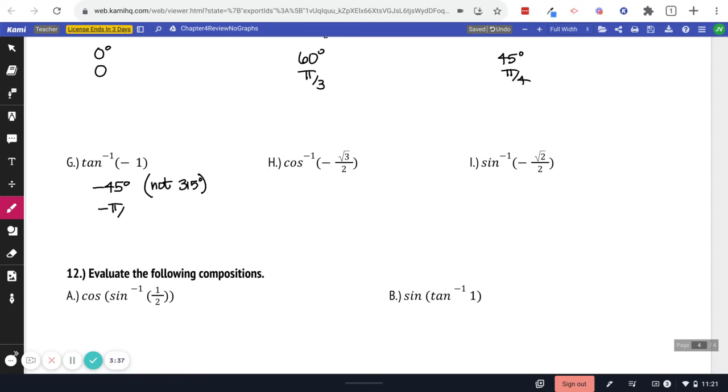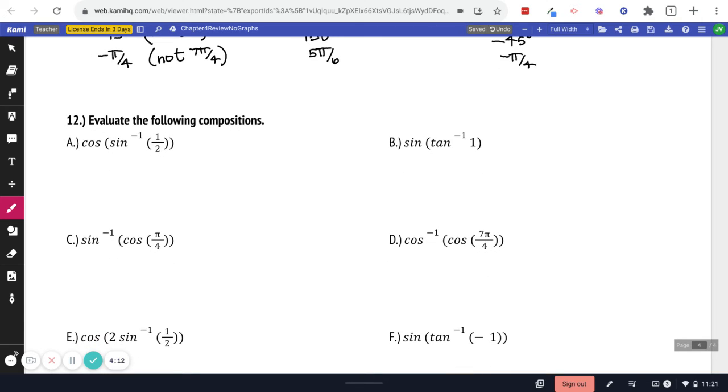And then we would also say negative pi over 4, not 7 pi over 4. Cosine inverse of negative root 3 over 2, that is 150 or 5 pi over 6. And then sine inverse of negative root 2 over 2 is either negative 45 or negative pi over 4.